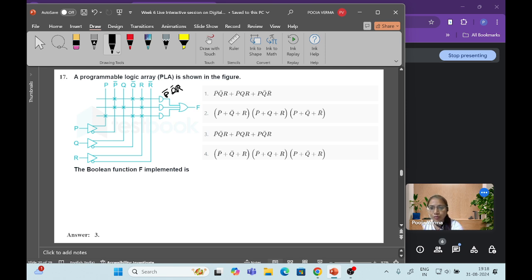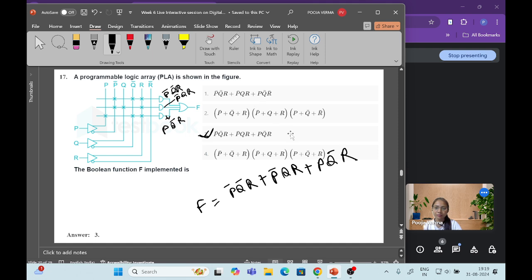It is P dash Q R. And the output of this AND gate is P Q dash R. Now we need to OR the outputs of the AND gates. So the first one is P dash Q dash R plus, because it is OR, P dash Q R plus P Q dash R. Now match to the answer. So option 3 is the correct answer.